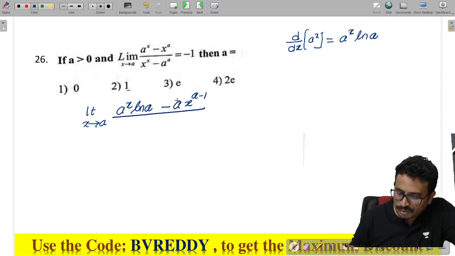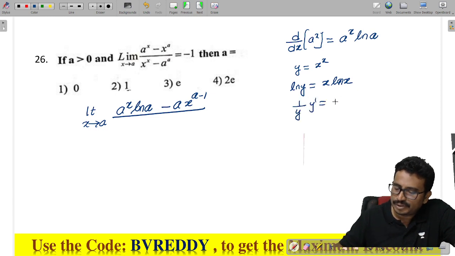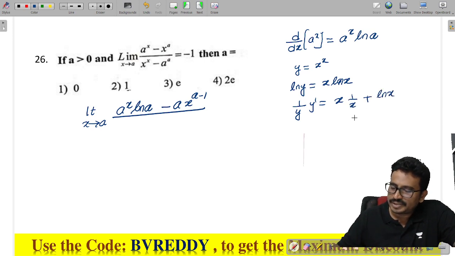If I call y equal to x power x, and take the log, log y is equal to x into log x. Apply the derivative: 1 by y into y dash is equal to x into 1 by x plus ln of x.